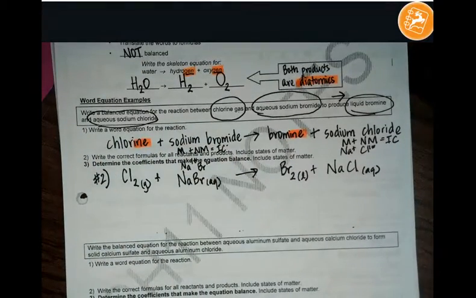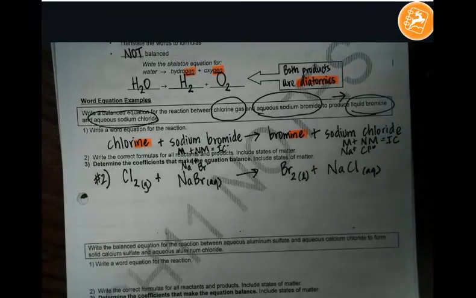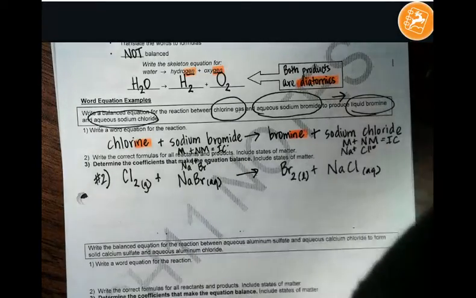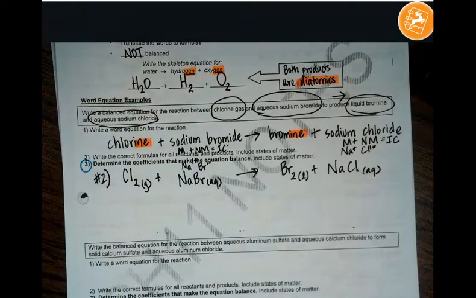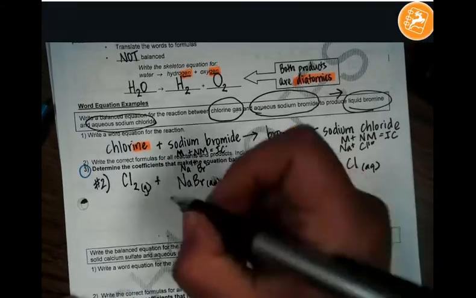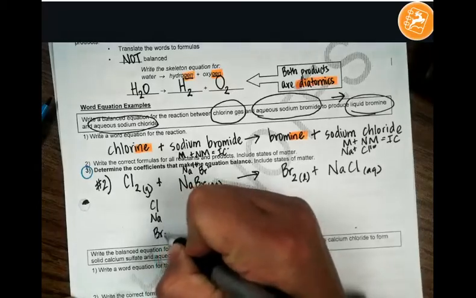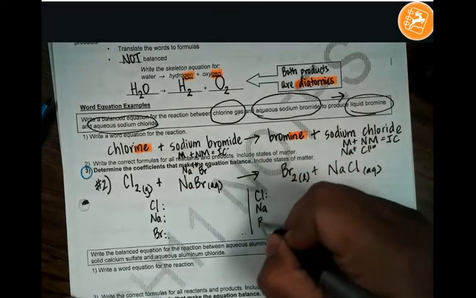Number 3, I'm going to use a different color to use coefficients to balance my reaction. So I'm actually going to use this blue color, okay, to balance. I'm going to do an atom inventory. So I have Cl2, NaBr, NaCl, Br2.